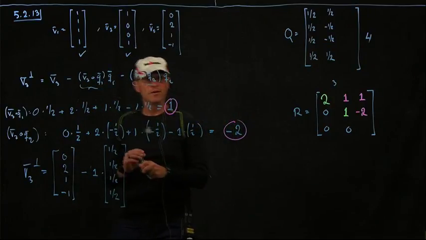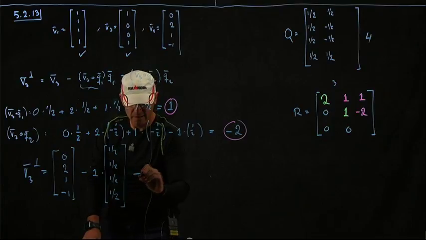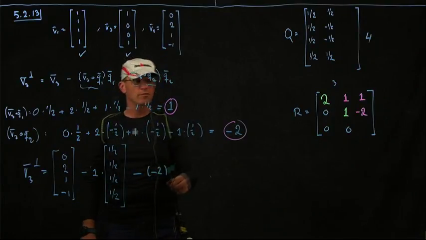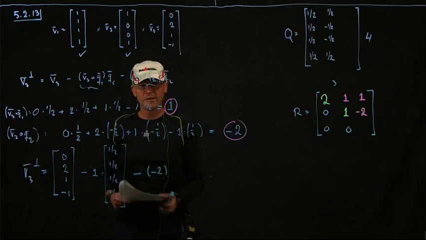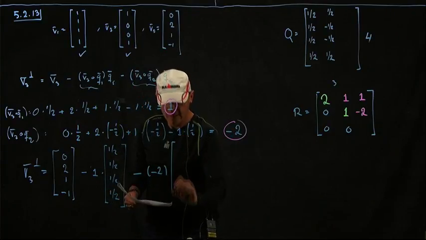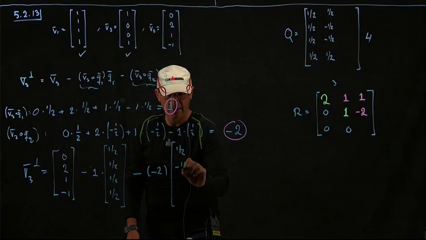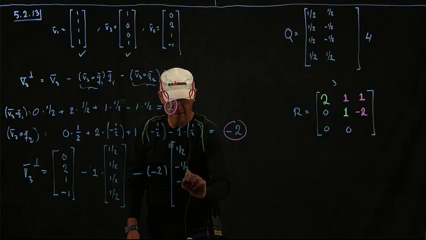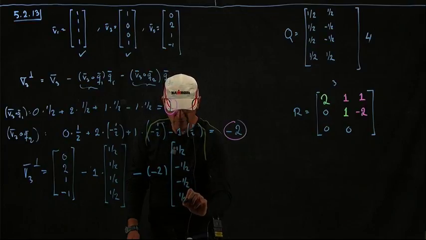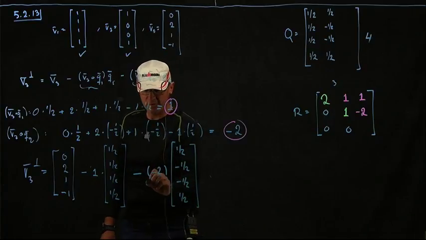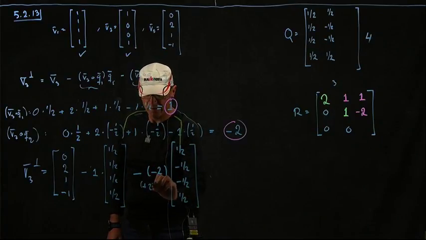Then we are subtracting -2 times, right? We have a minus sign from the formula, we have a minus sign from the dot product. And then we have 1/2, -1/2, -1/2, and 1/2. Right? So the two minus signs, of course, make a +2 here.